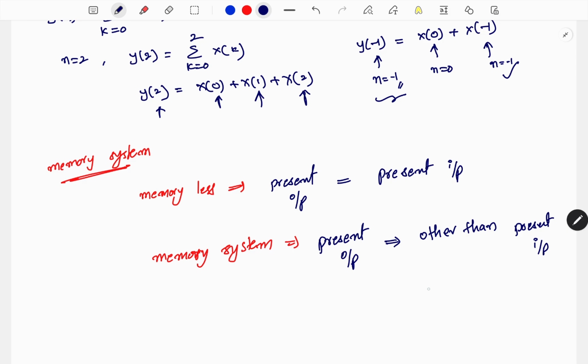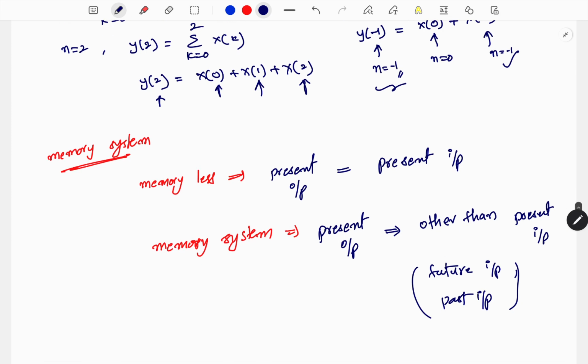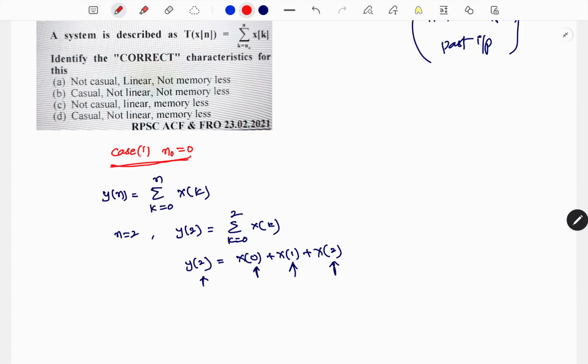It can depend on future input or it can depend on past input. In these two cases it is said to be a memory system. So by seeing the options, it is the same as the previous case. We have taken n0 is equal to 0, and the same example we will take here.